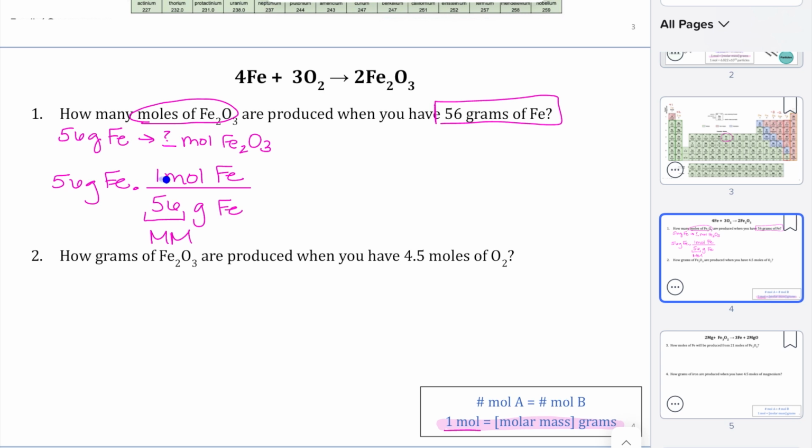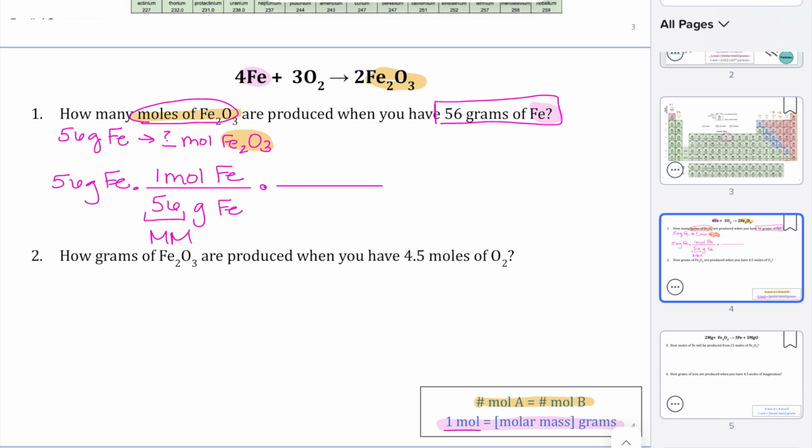If I was to end here, I'm at moles of iron, but I need to get to moles of iron oxide. So now I need that mole ratio to use my recipe, or my reaction, to figure out what is the relationship between each of those.